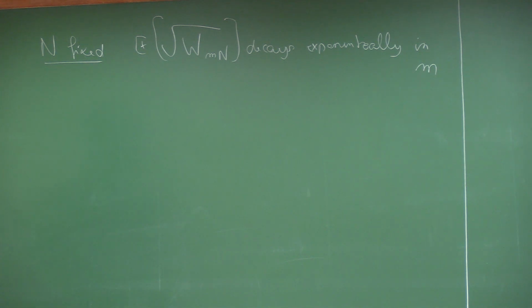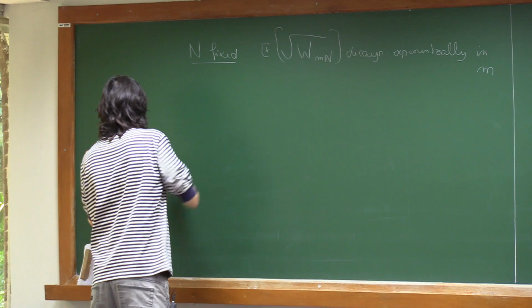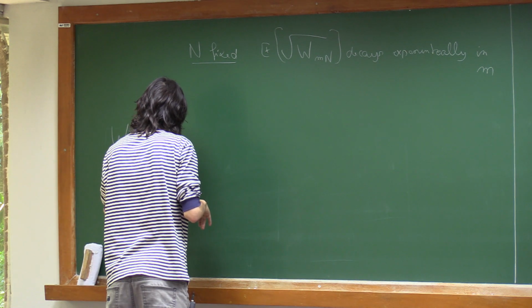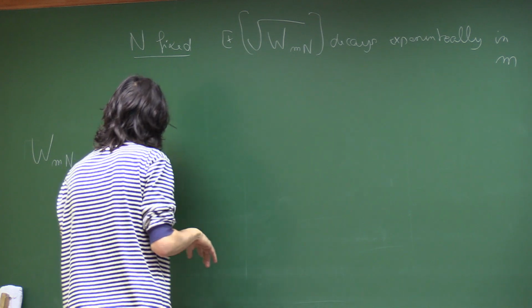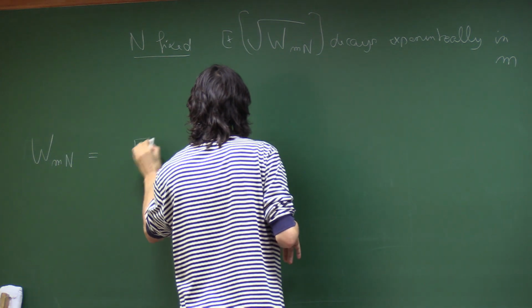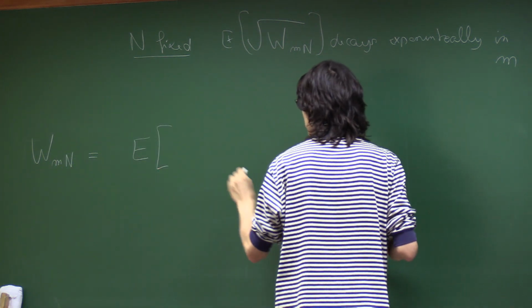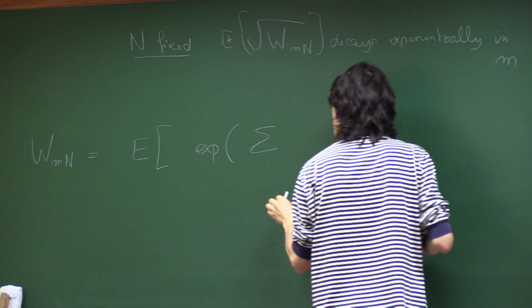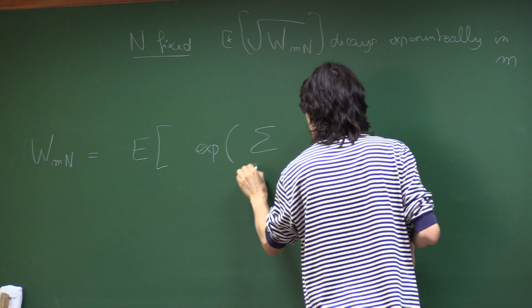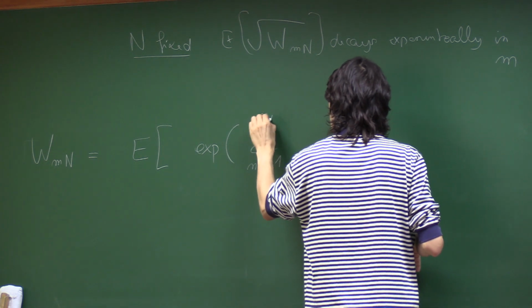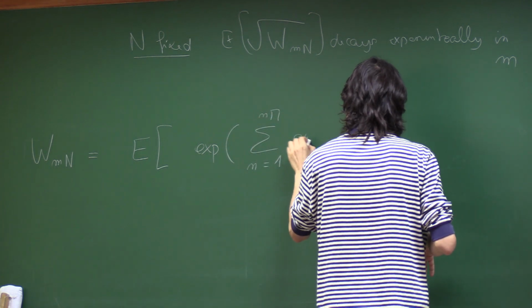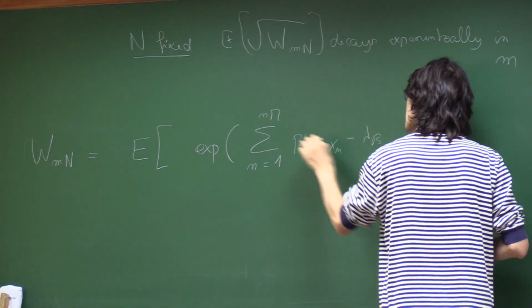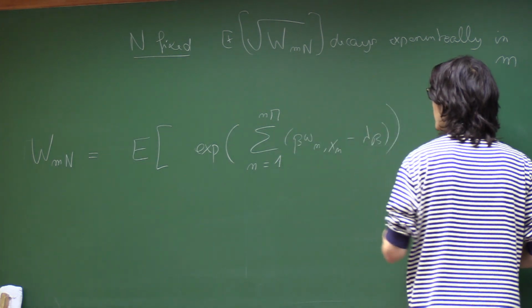Why is it the case? If you look at Wmn, it's the expectation with respect to the simple random walk of the exponential of the sum for n equal to 1 to Nm of beta omega n xn minus lambda beta.